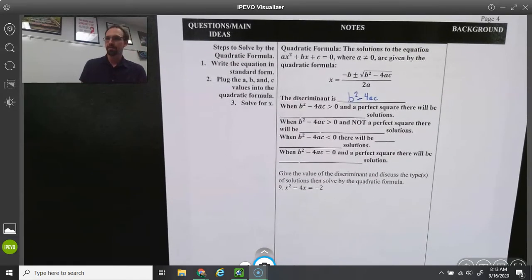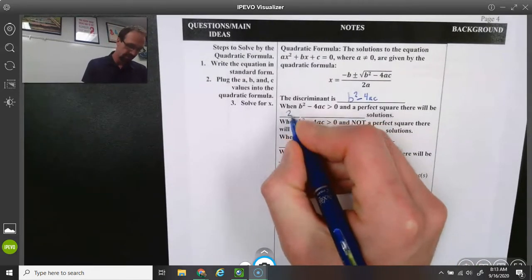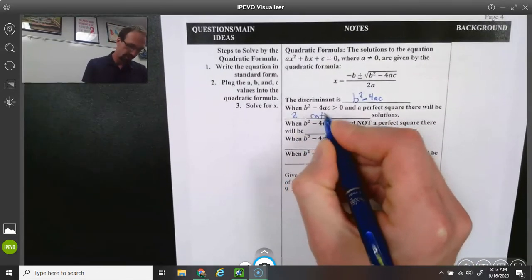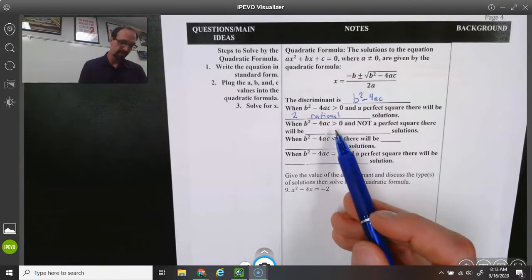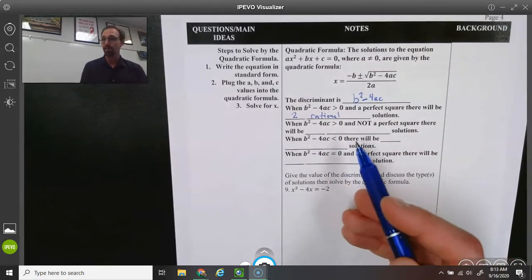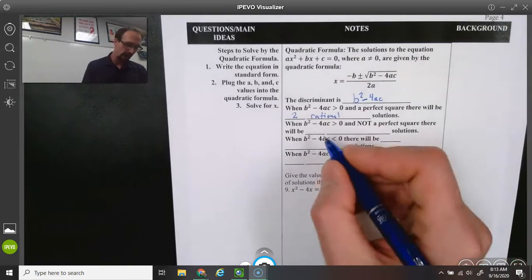When b squared minus 4ac is greater than 0 and a perfect square, you will have two rational solutions. When b squared minus 4ac is greater than 0 and not a perfect square, then you will have two irrational solutions.